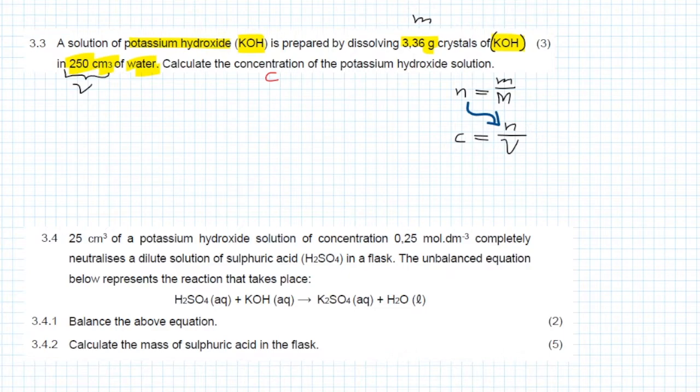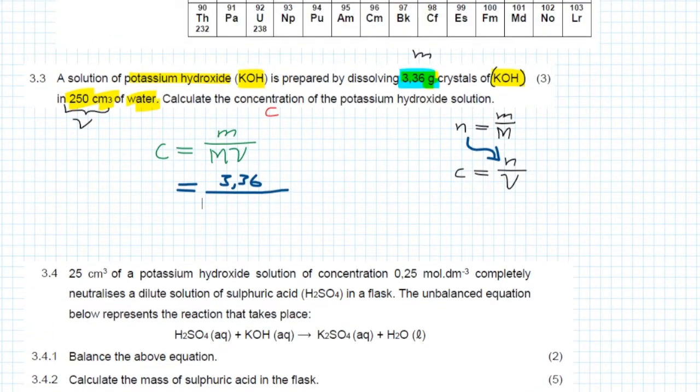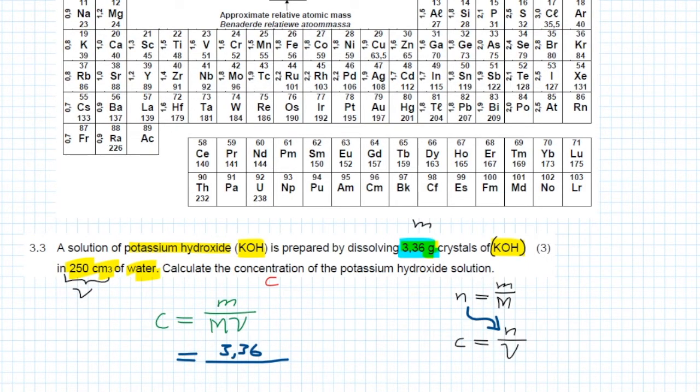I am instead going to say concentration is going to be equal to the mass divided by the molar mass multiplied by volume. The mass in this formula is the mass of the solute, the potassium hydroxide. So we're going to plug that in as 3,36 grams. We're going to divide that by the molar mass of the potassium hydroxide.